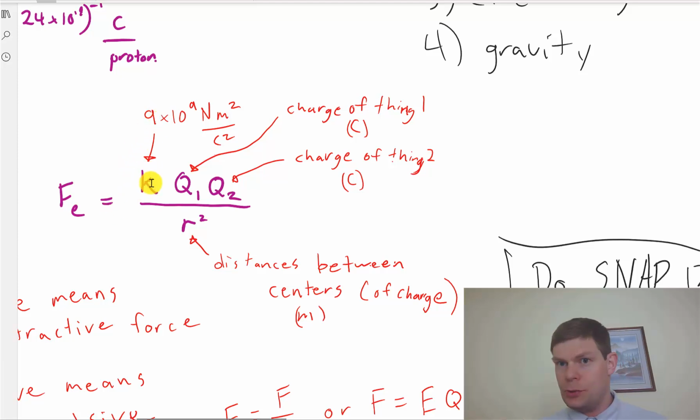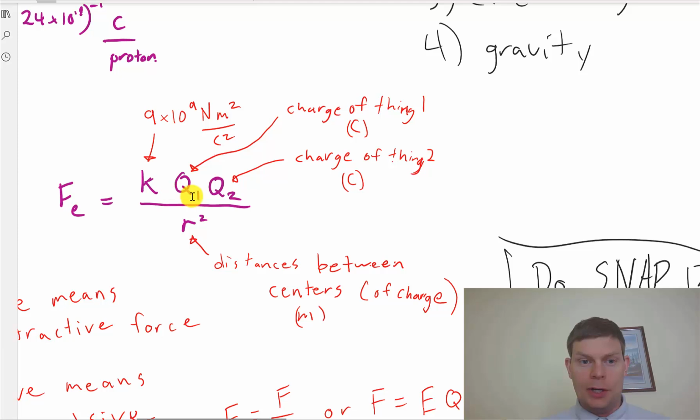It's a K, also in your data pages. It's also really easy to remember. It's 9 times 10 to the power of 9, 9e9. So this is always, no matter what, everywhere in the universe, 9 times 10 to the 9 newton meter squared per coulomb squared. So be able to use this little constant in your data pages.